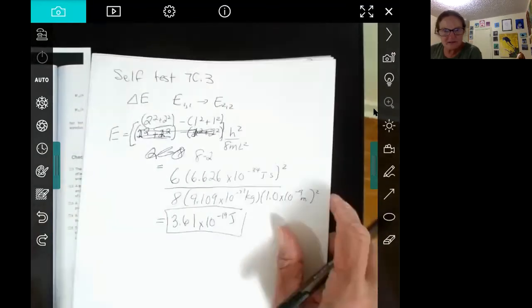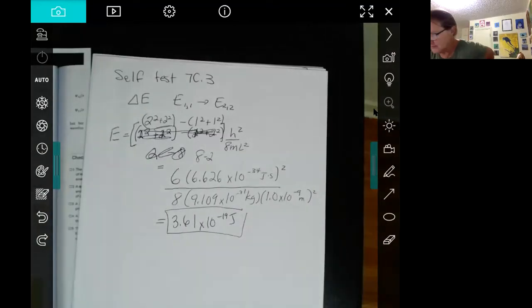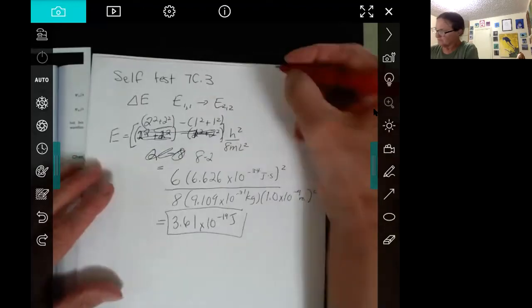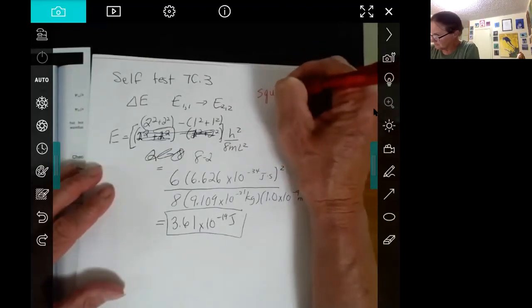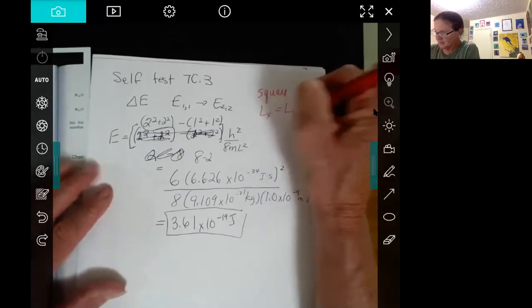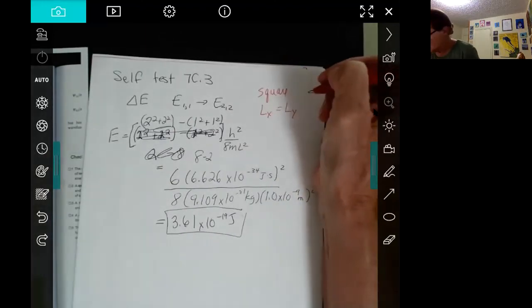And yeah, we can just do this one little problem, which is self-test 7C.3: calculate the energy separation between both quantum numbers being 2 and both quantum numbers being 1. If you have an electron trapped in a box that's a square, so that means Lx and Ly are the same, and the length is 1 nanometer.